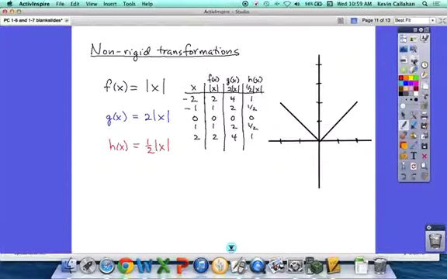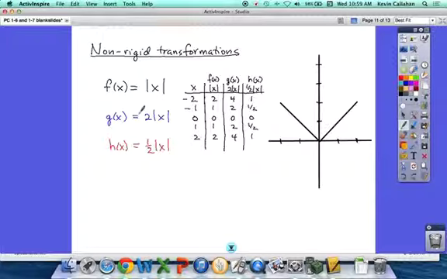And now we've got our non-rigid transformations, meaning these are not going to preserve the shape of the graph. So I'm using, as the best example I can think of here, the absolute value of x. It's pretty clear what's going on here. The non-rigid transformations are when you multiply the function by a number. In this case, I'm multiplying it by 2 and by 1/2.